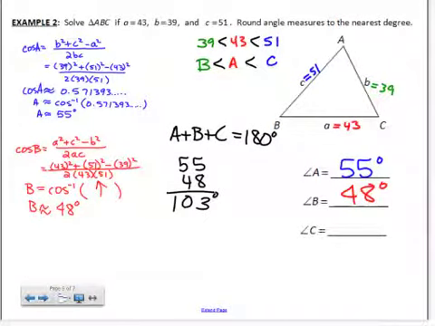And then subtract that from 180. And we get 77. Is that right? And what did we find? C needed to be the biggest angle because it was the biggest side, and in fact it is.